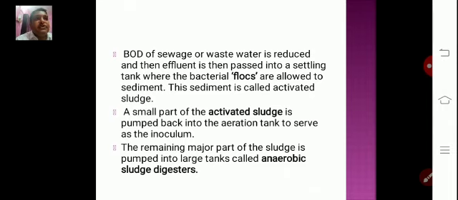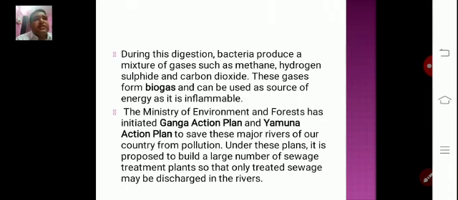This sediment is called activated sludge. A small amount of activated sludge, which contains bacteria, is pumped back into the aeration tank to serve as an inoculum. The major part of the sludge is pumped into an anaerobic sludge digester.